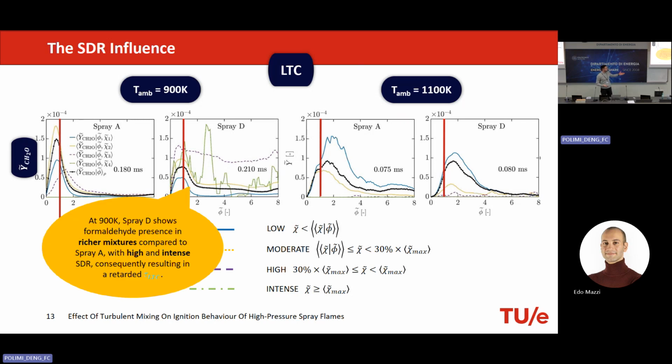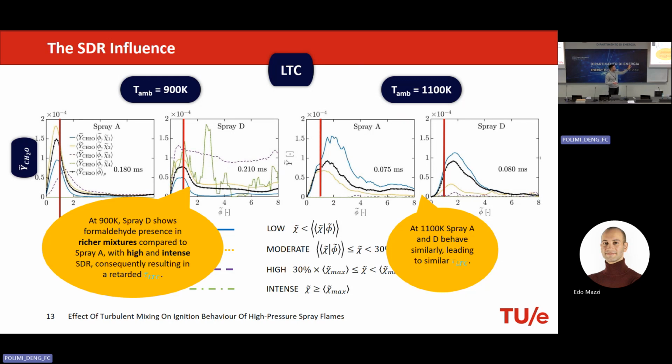What we can say is that at 900 Kelvin, spray D, as you can see, shows peaks of high and intense scalar dissipation rate, which are not present at 1100 Kelvin, where we have only low and moderate scalar dissipation rate, and peaks of CH2O in low and moderate scalar dissipation rate. This, of course, is a snapshot right before the low temperature combustion onset.